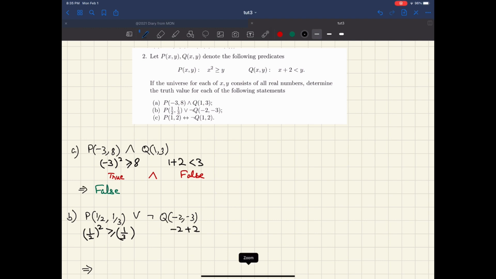And now since we had negation of Q, the signs would come out to be reversed. So instead of less than y, it would read greater than y. So it should be greater than minus 3.